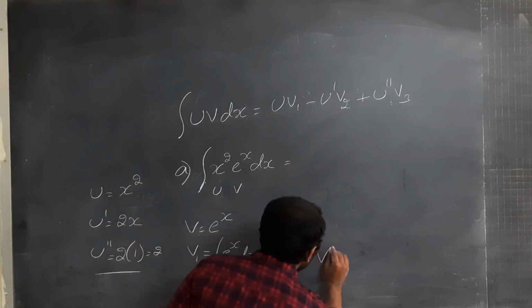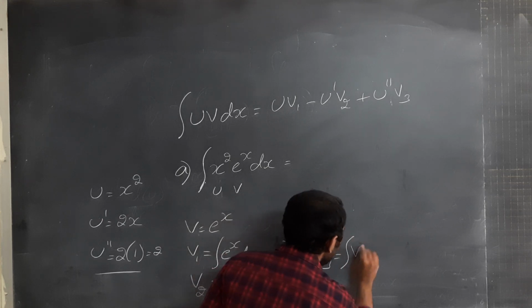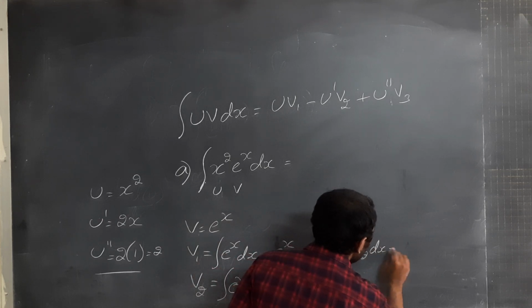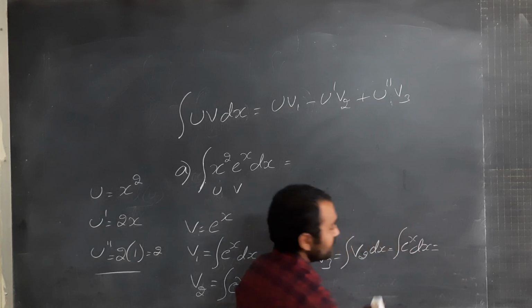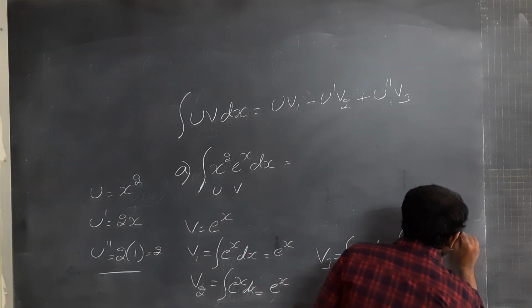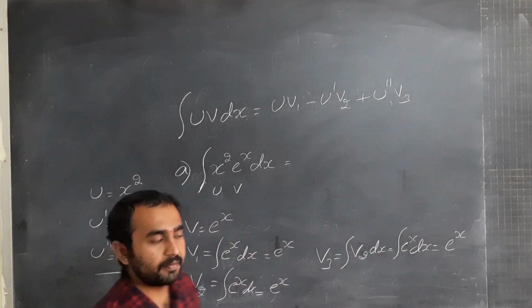To find v3, we integrate v2 with respect to dx, that is e power x, and the integration of e power x is e power x itself.